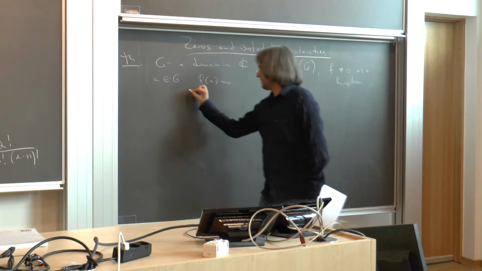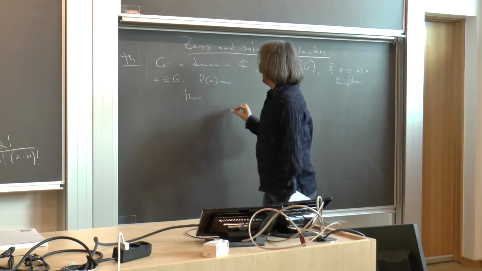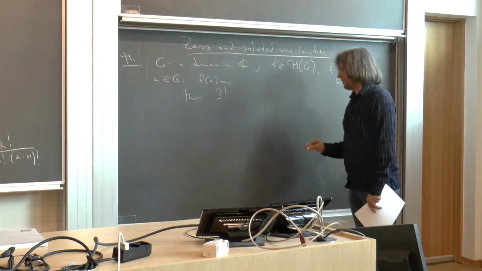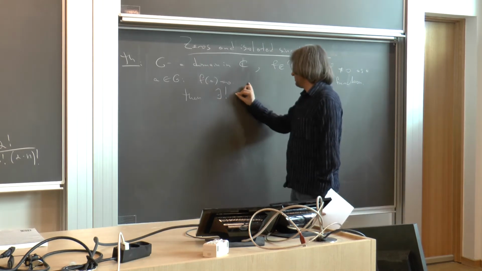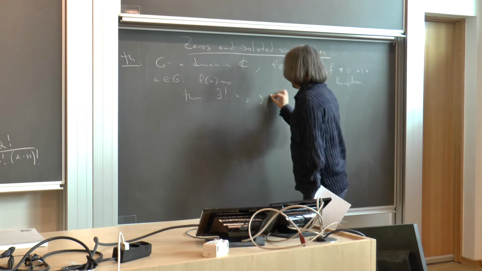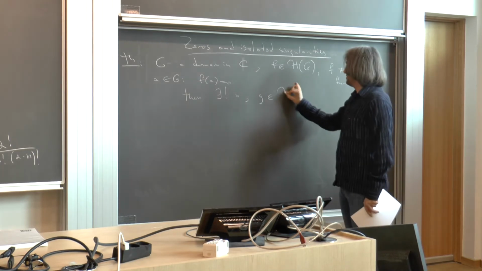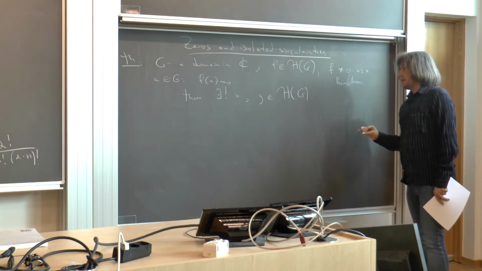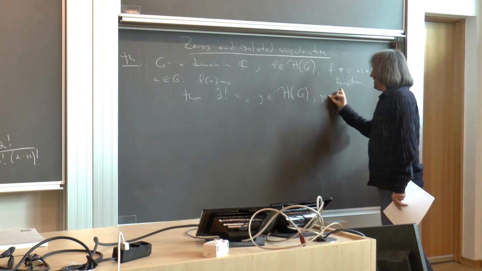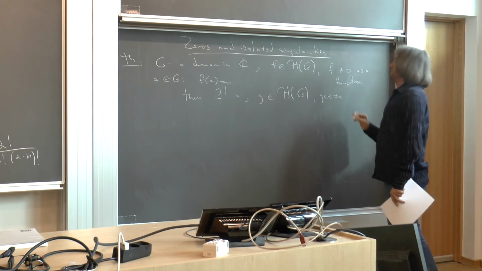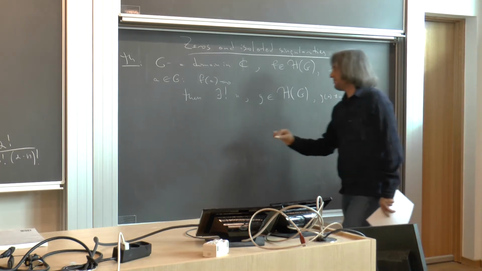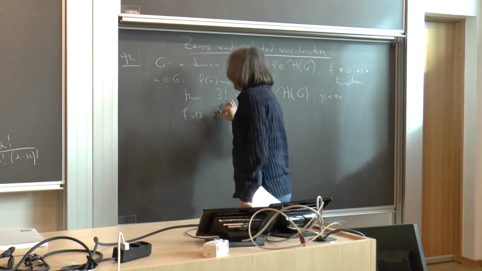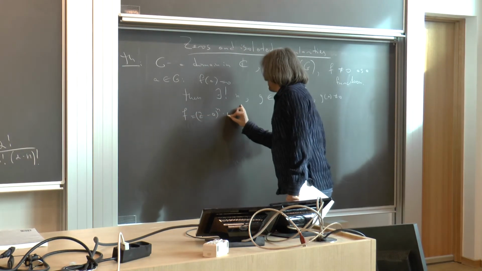Then there exists a unique number n, and a holomorphic function g in G, with g of a not equal to 0, such that f is z minus a to the n times g.